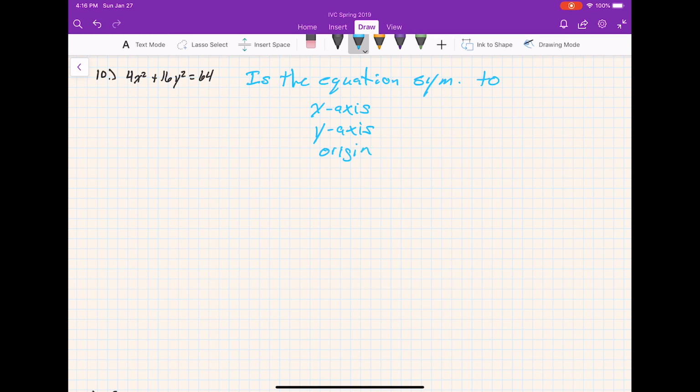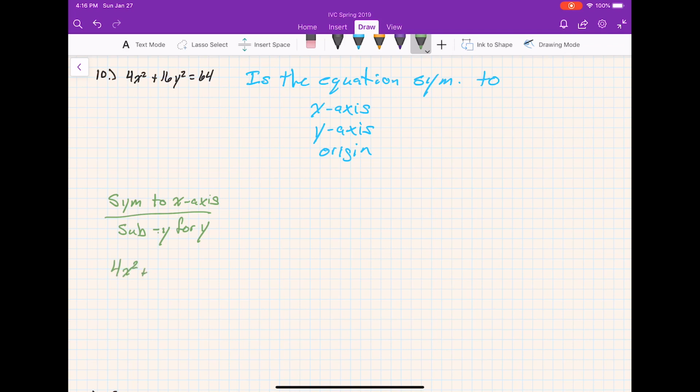And we do that for all 3 of these. Well, for 10, 11, and 12. So for this problem, number 10, to find out if it's symmetric to the x-axis, what we do is we substitute -y for y. And then we see if we get the same equation after we do this substitution.